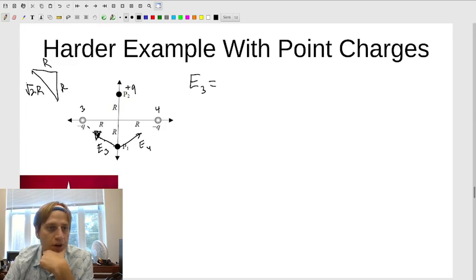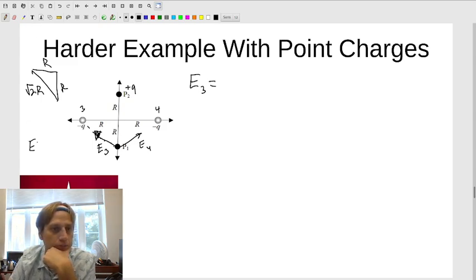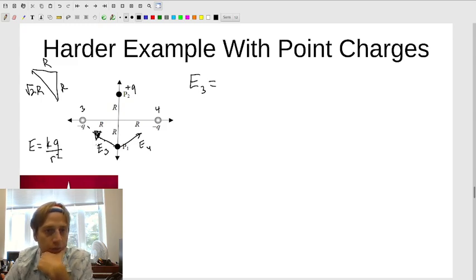And if I square that now, because remember my electric field is going to be K, which is 1 over 4 pi epsilon naught, Q over R squared. So for my E3, this would be K, Q over square root of 2R, and then square that, so that would be 2R.